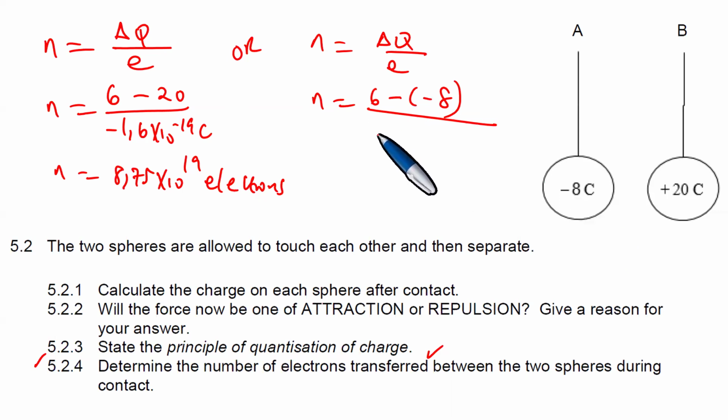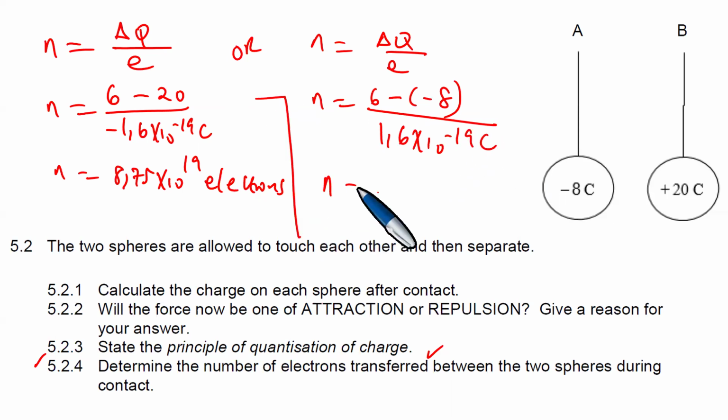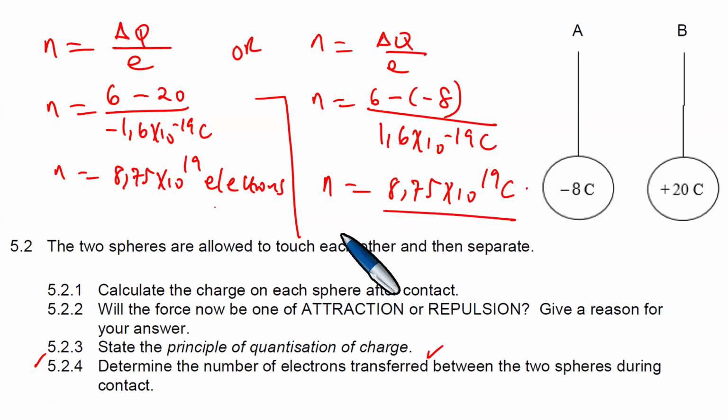Then you divide that by the charge, 1.6 times 10 to the minus 19 coulombs, and N is going to be exactly the same thing, 8.75 times 10 to the power 19 electrons.